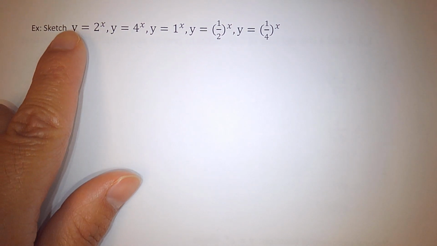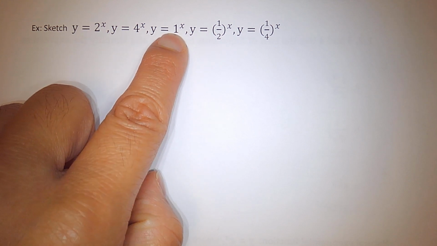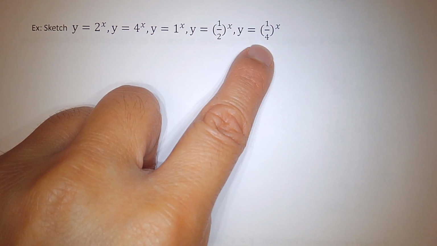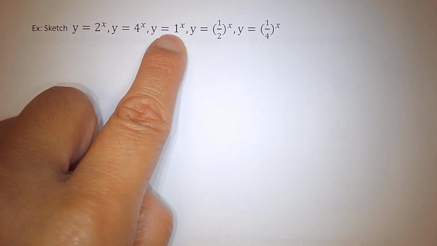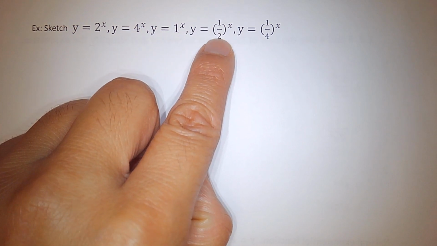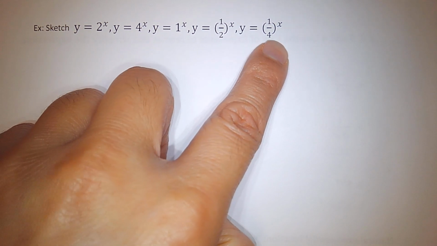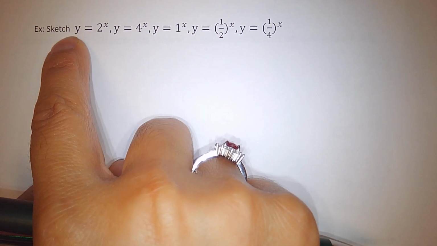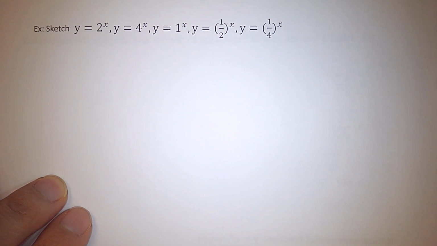Now this example. Sketch y equals 2 to the x power, y equals 4 to the x power, y equals when base b equals 1, base b equals 1/2, 1/4. You see this b is greater than 1, this b equals 1, this b is less than 1 but greater than 0. Sketch all of these exponential functions. I will give you a couple minutes to think about it, and then we'll do it together. If I let you sketch y equals 2 to the x power, do you know how to sketch it? Use the plotting points method.